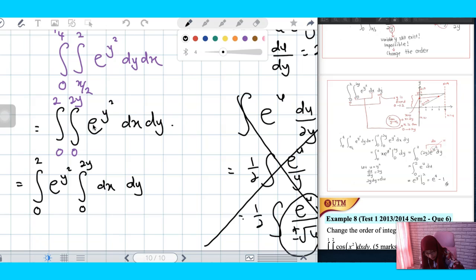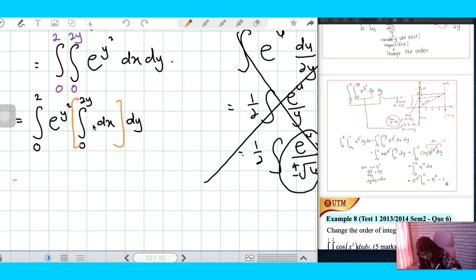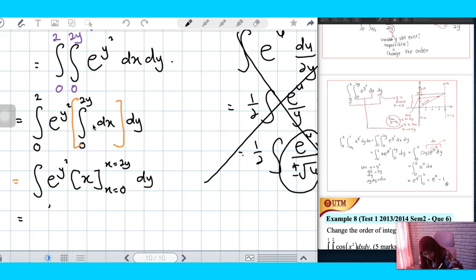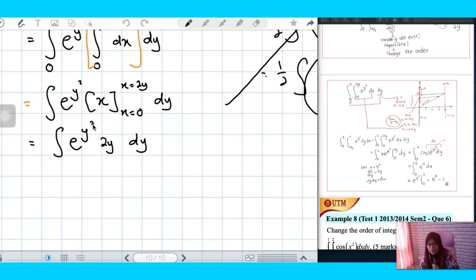So now we settle the first integration. 1 dx will give you x, with the limit of x from 0 to y, dy. Now replace: 2y minus 0. Now you can see that everything is in terms of y. If you still see the x, you did something wrong and you have to double check.